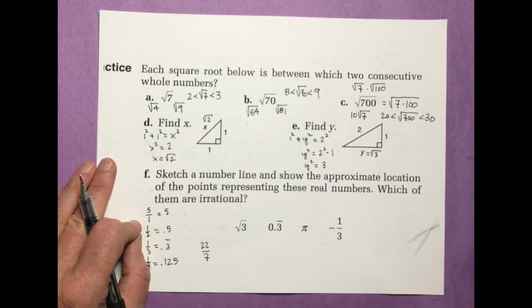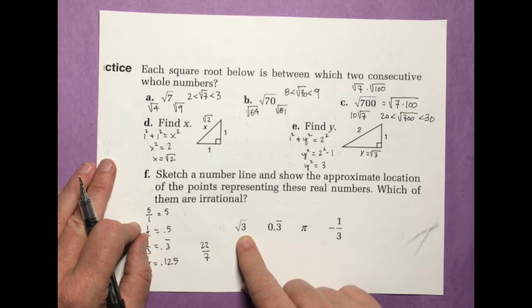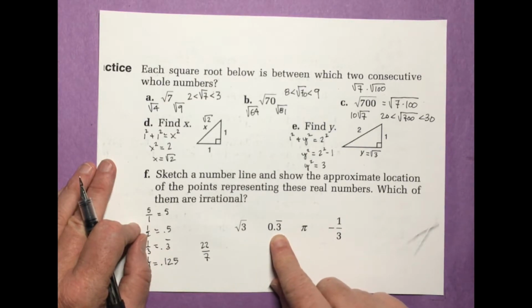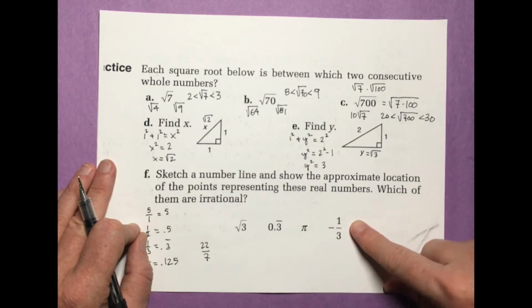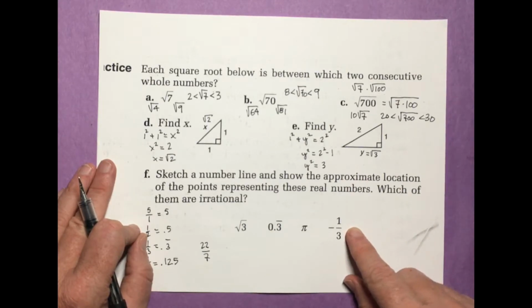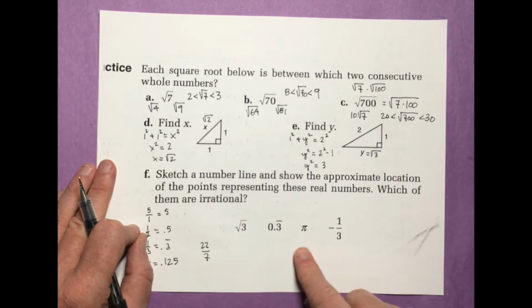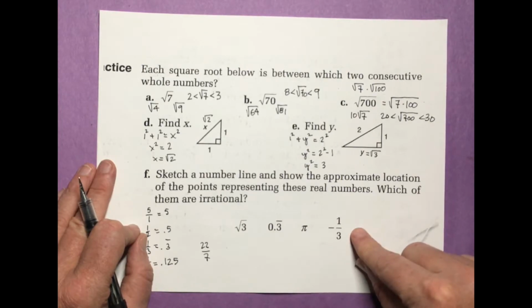If you take the square root of any prime number, that's irrational. So in this example here, root 3, 3 is prime, so root 3 is irrational. 0.3, that's a decimal, but it repeats predictably, so that's rational. Pi is irrational. And minus 1/3, that's a fraction, so it's rational. So we got irrational, rational, irrational, rational.